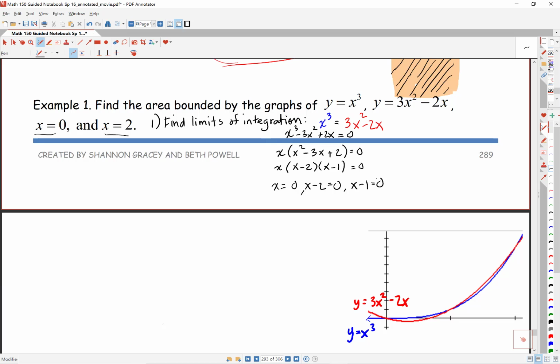All right? So let's check it out. So here is our first intersection point. At 1, we also have an intersection point, and at 2, we have a third intersection point. So now we need to look here and check it out.